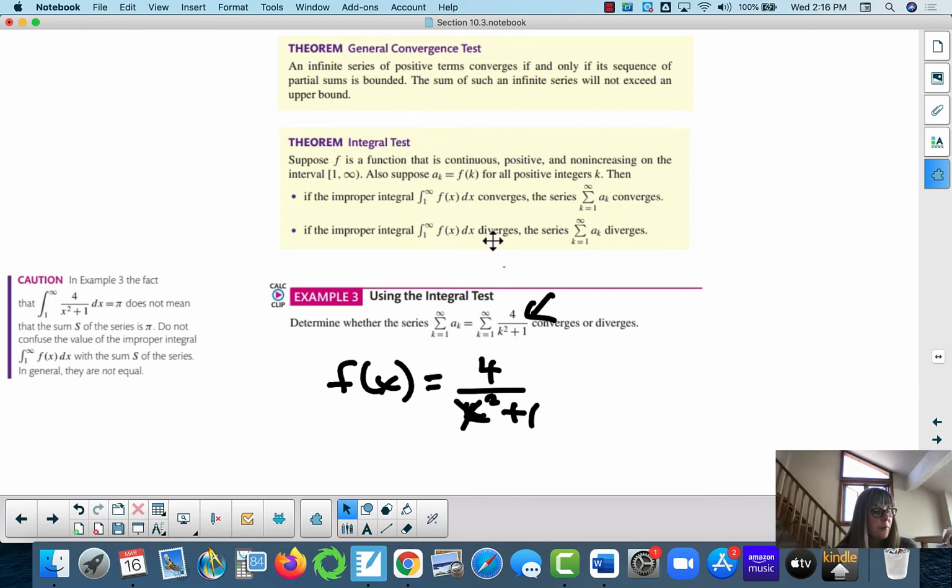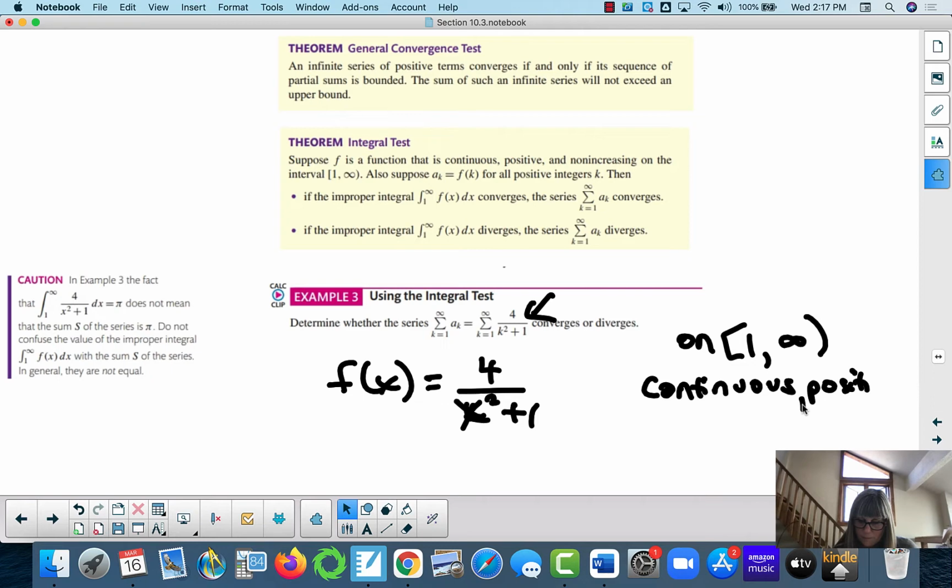And so then we know that on the interval, this particular function is continuous because there is a value for every x in that domain. Positive, because when we plug in any x in that domain, we get a positive answer.